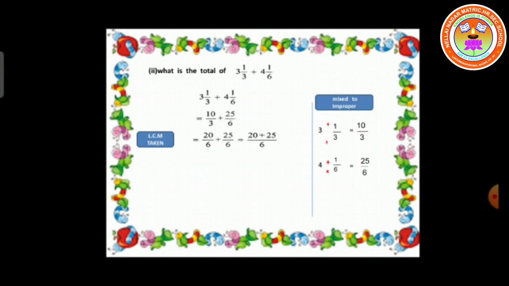Just add it. 20 plus 25 is 45 by 6. When you cancel out this 45 by 6, 7 6s are 42, remainder is 3. So the answer is 7 3 by 6. 7 you can't do anything, but 3 by 6 you can cancel. That is 3 1s are 3, 3 2s are 6. So the answer is 7 1 by 2.